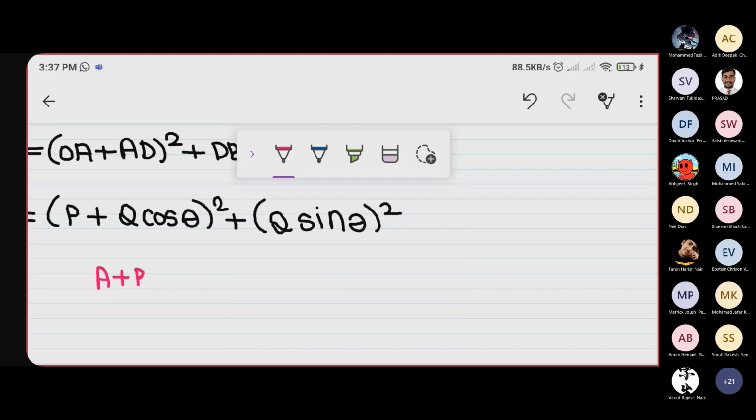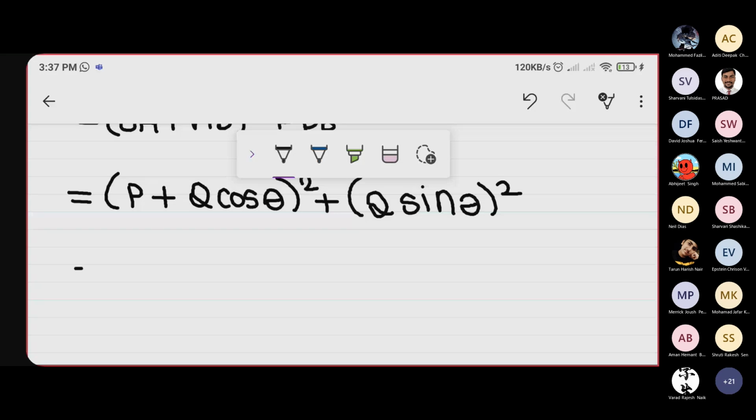(A plus B) whole square is equal to A square plus 2AB plus B square, right? So the same formula we can use here for these two terms in the bracket. Let's use that.